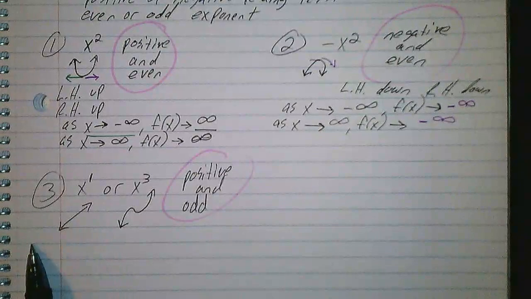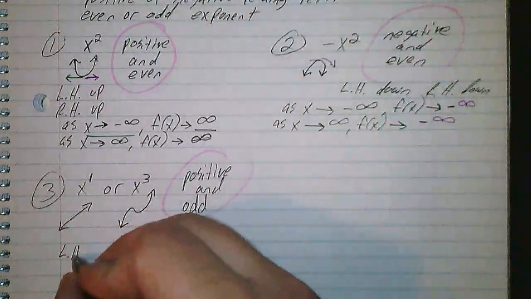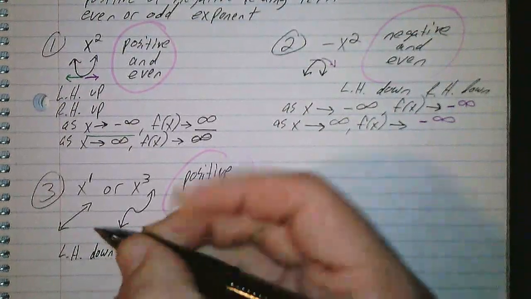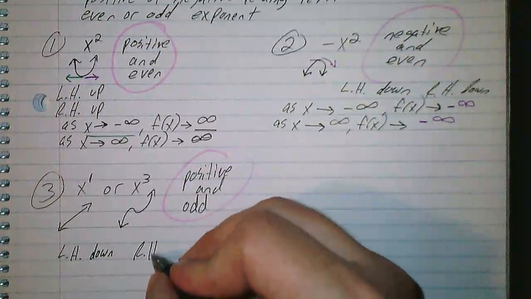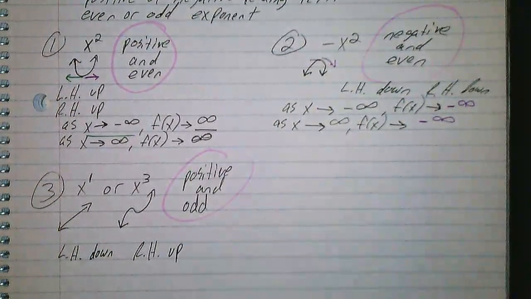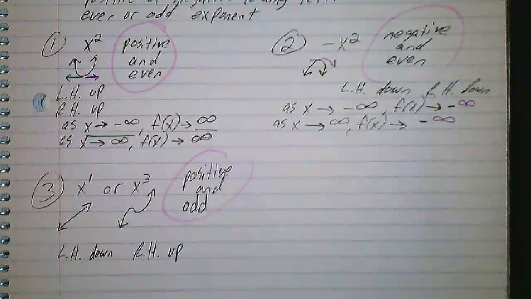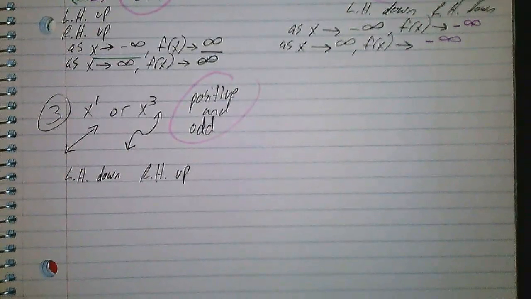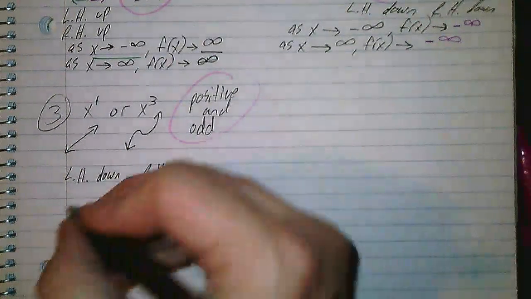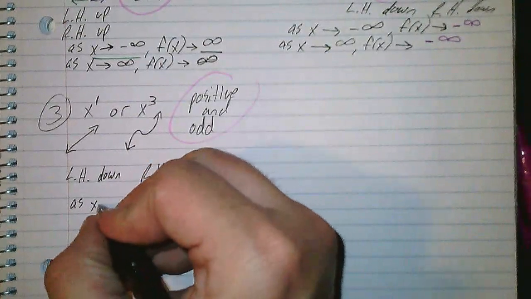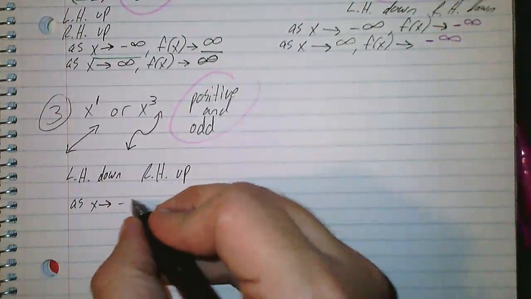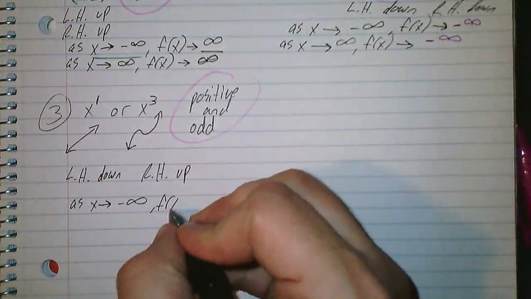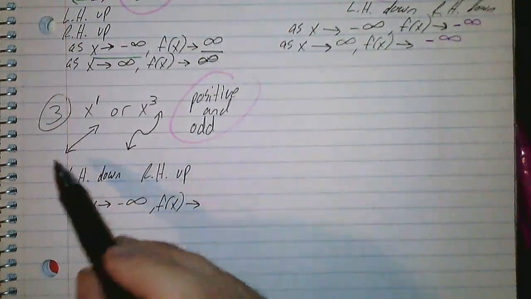will go down on the left hand. So left hand down. And we see that on the right hand, it's going up. So as x approaches negative infinity, y approaches negative infinity.